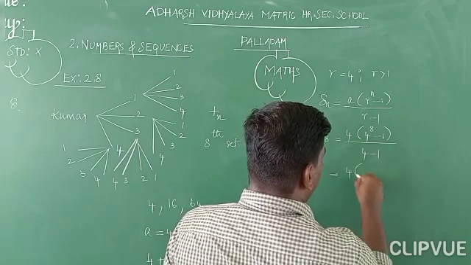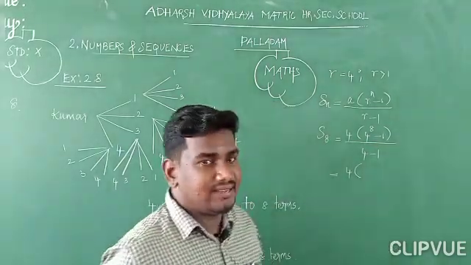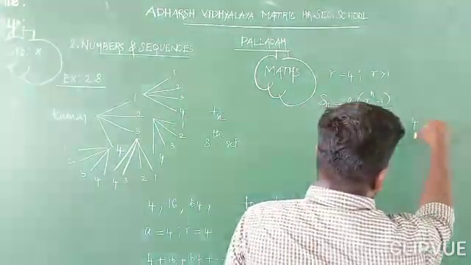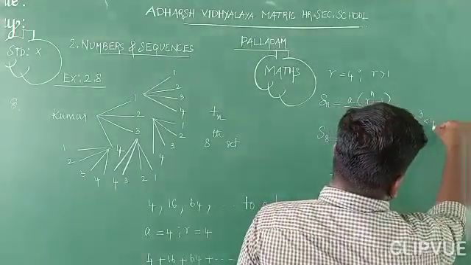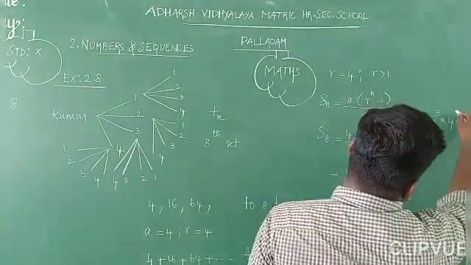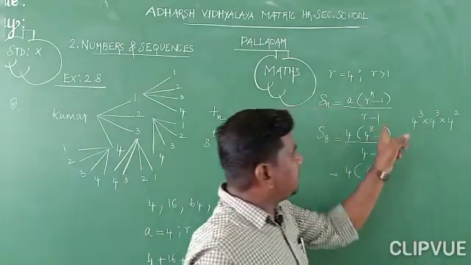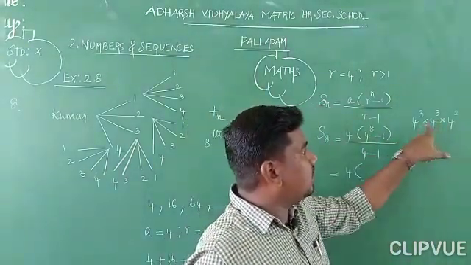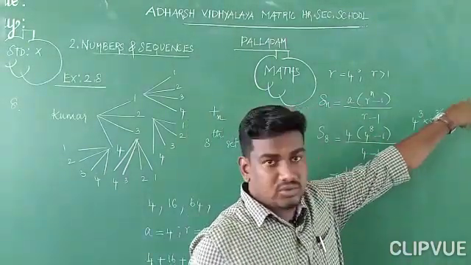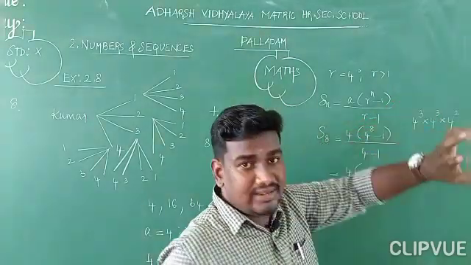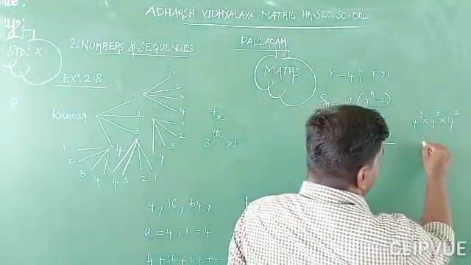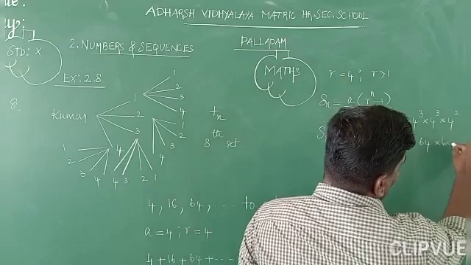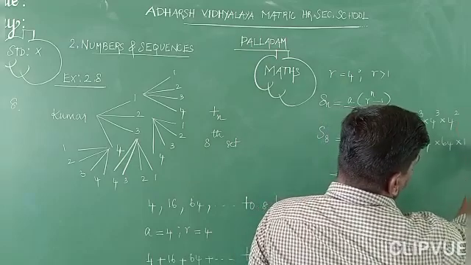So 4 into 4 power 8. What is the answer? This 4 power 8 can be rewritten as 4 cube into 4 cube into 4 square. You know that 4 cube is 64. So 64 into 64 into 4 square, which is 16.